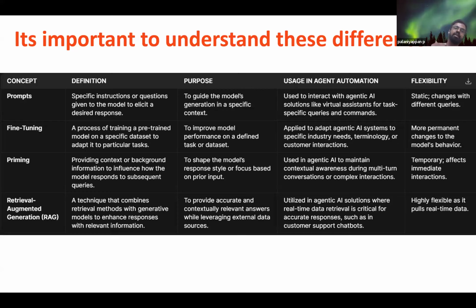But priming is where you give it once and then use it for the rest of the questions you have. It's a little different in the way you use the knowledge base and the way you update it. RAG you can update and pass again, but with priming you just pass it. You don't get an option to update it.